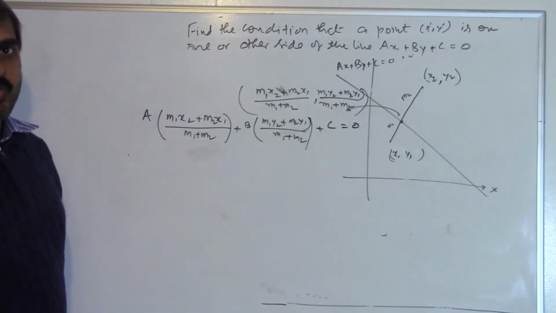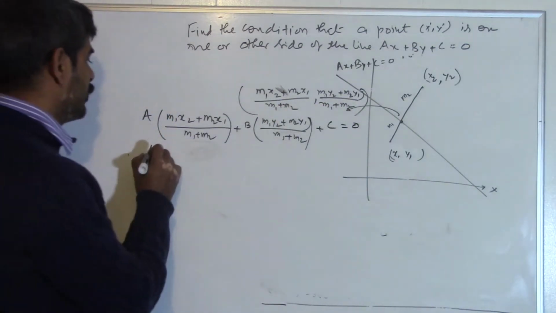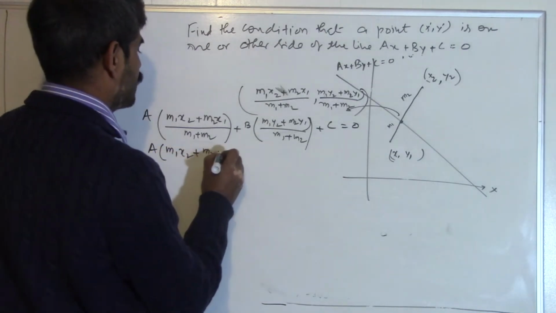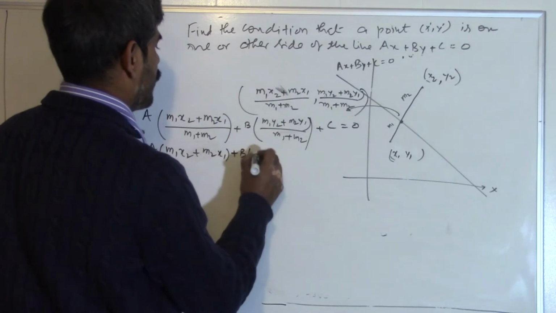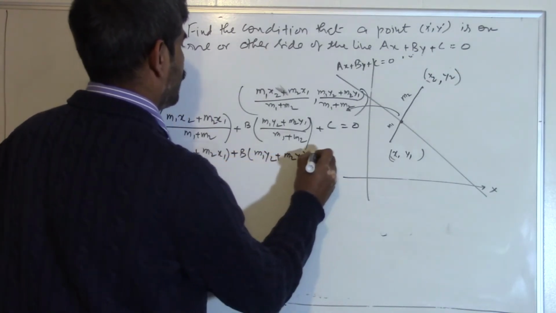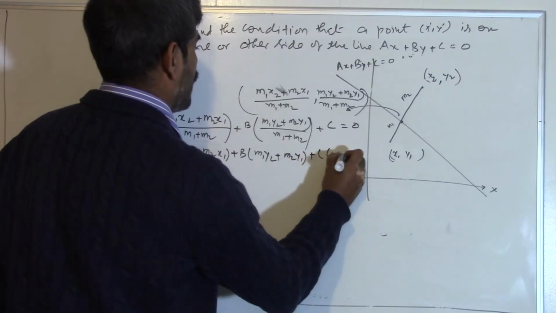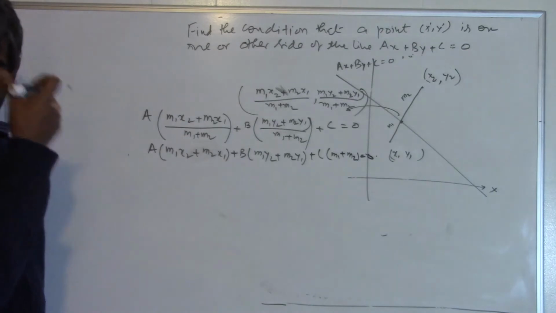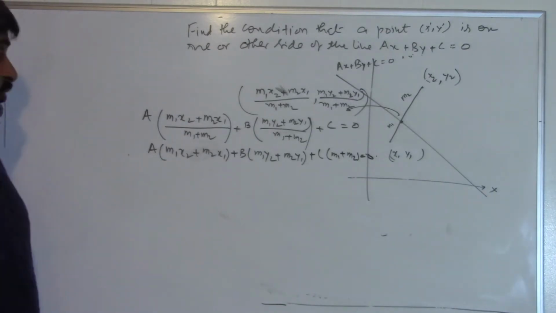Let's multiply the whole equation by m1 plus m2. A times (m1 x2 plus m2 x1) plus b times (m1 y2 plus m2 y1) plus c times (m1 plus m2) is equal to 0. The next thing we do is divide this whole equation by m2.